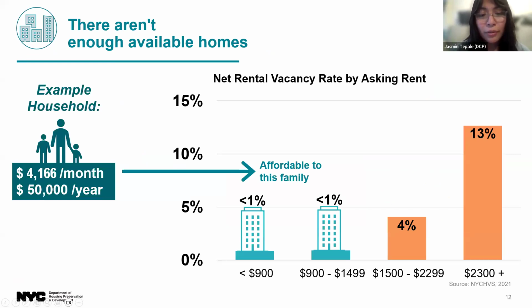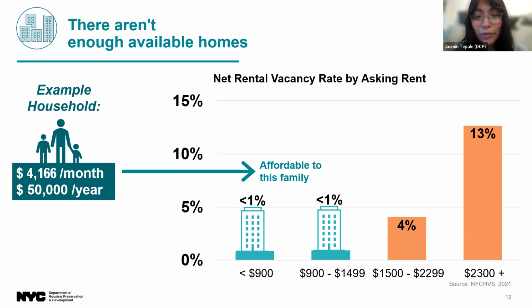So the crisis of high housing costs is just compounded by the fact that we haven't built a lot of housing in New York City. The citywide vacancy rate is around 1.4%, which according to the state constitutes a housing emergency. On this slide, we see how vacancy rates differ quite a bit depending on asking rents of units. On the lower end, under 1% of the apartments below 1,500 are on the market.